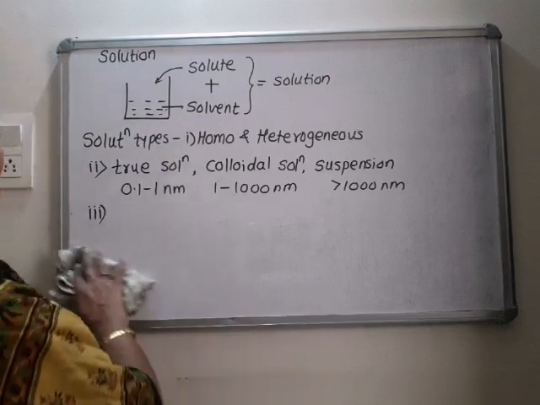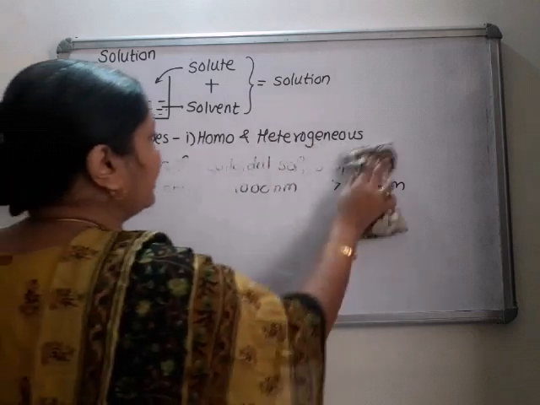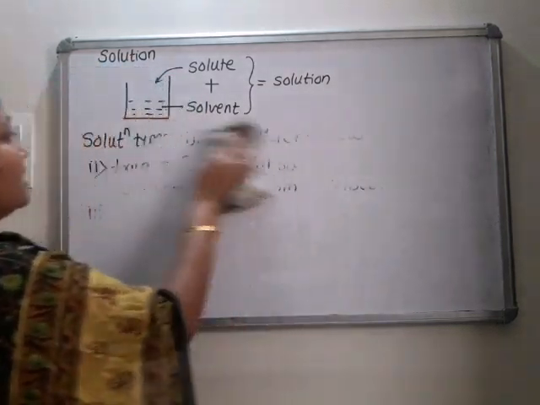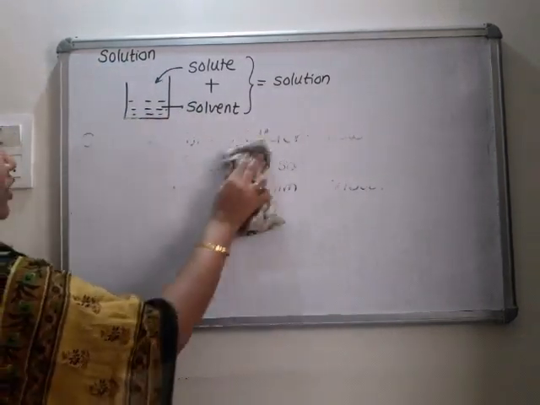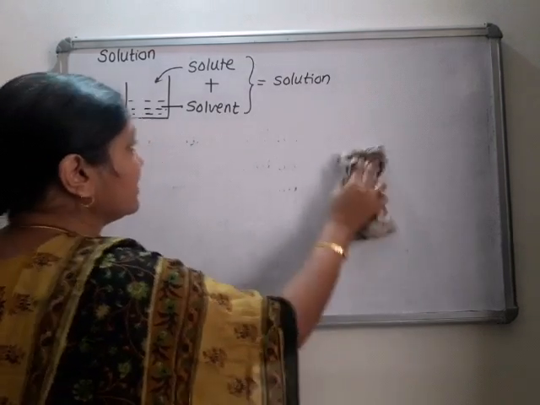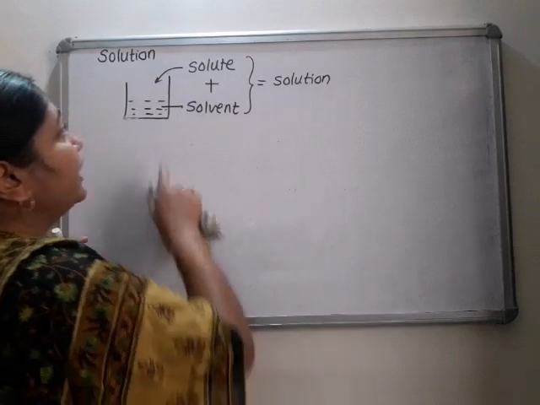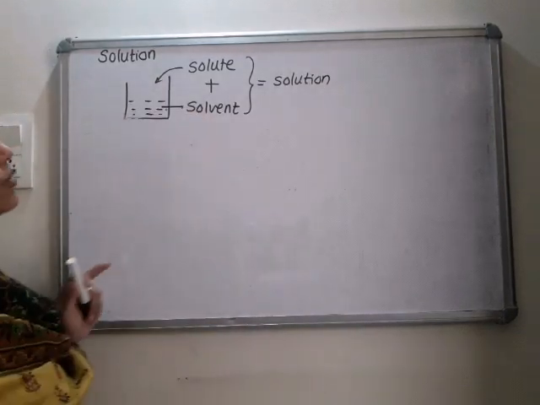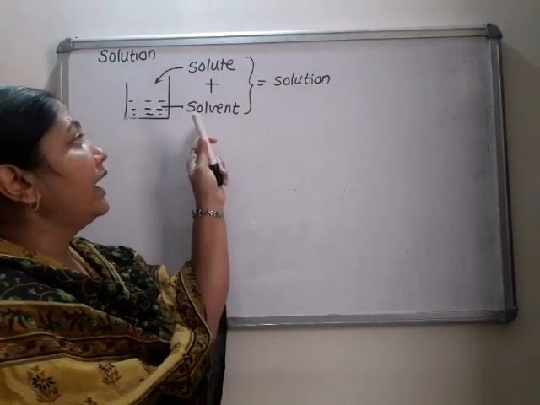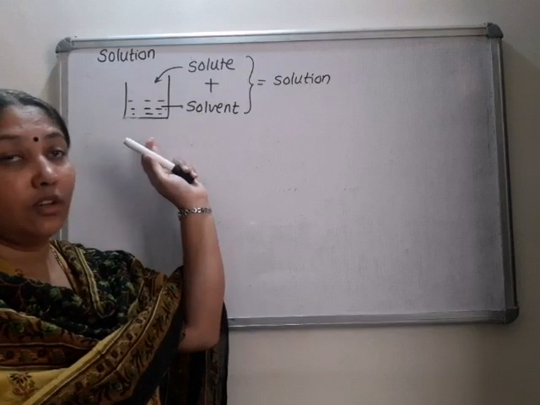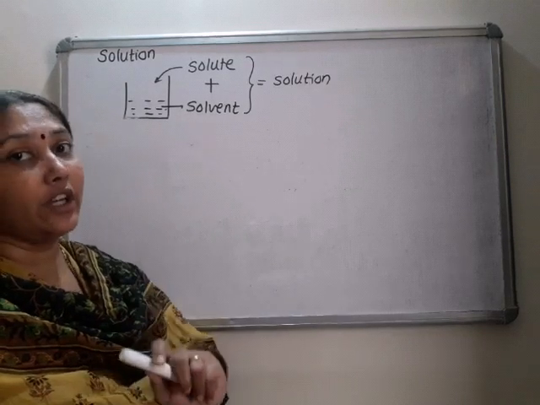For MCQs they give us an example and we have to identify which type of solution this is. Now one more thing, if it is true solution, we call the substance added in a small amount solute, and the substance which is in excess we call solvent.